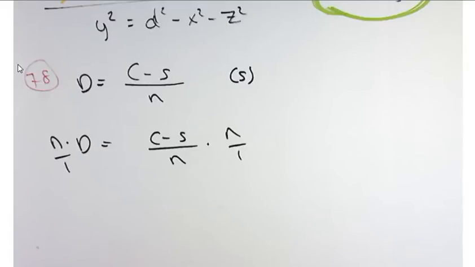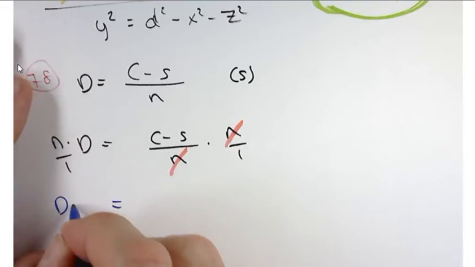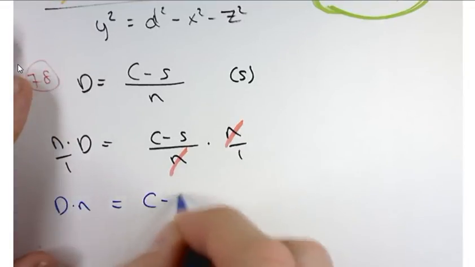So we're going to get some nice simplification. When we do that, on the right-hand side, the n cancels. What equation comes out of this one, Victoria? d times n equals c minus s. Good.